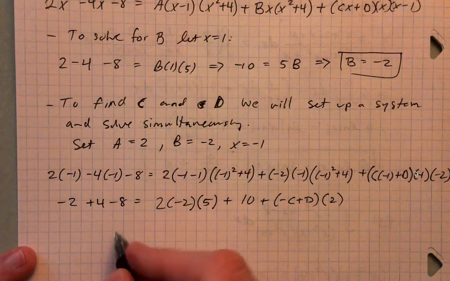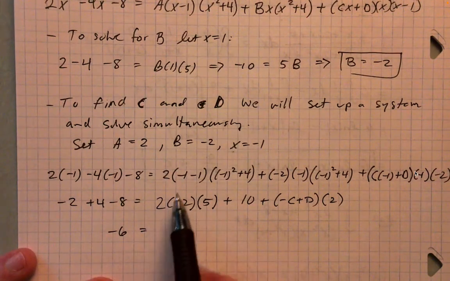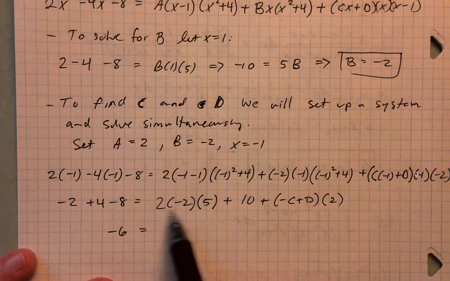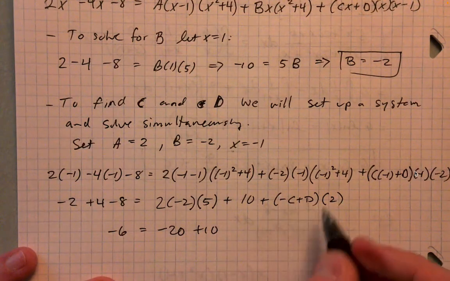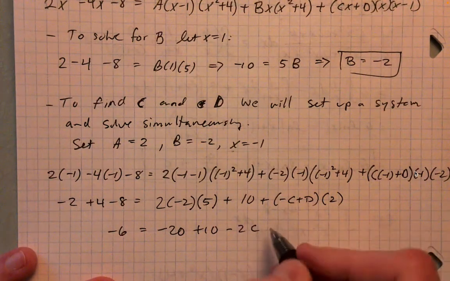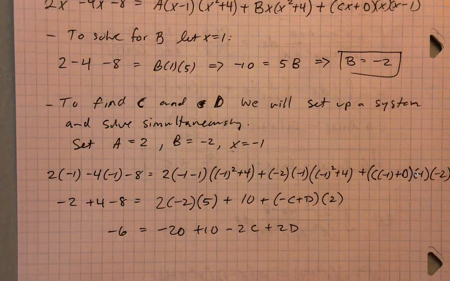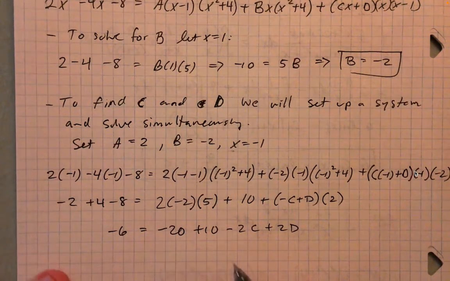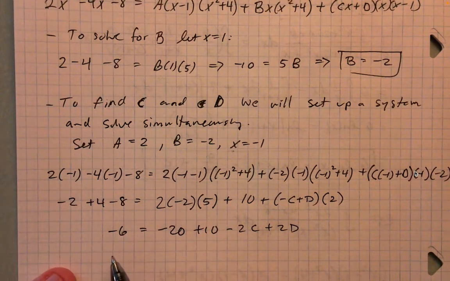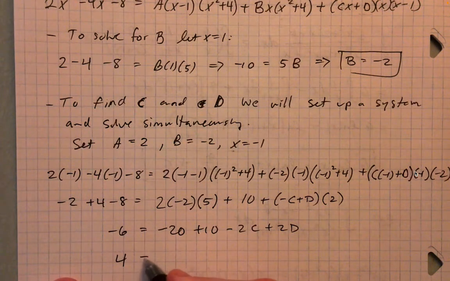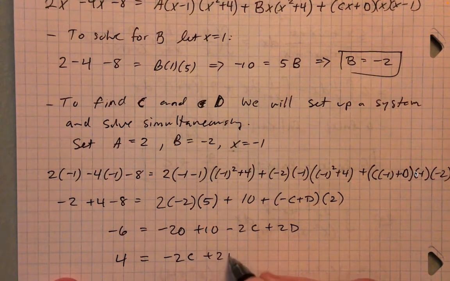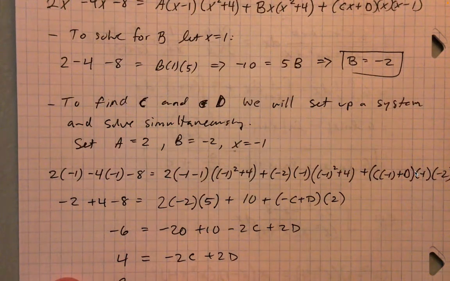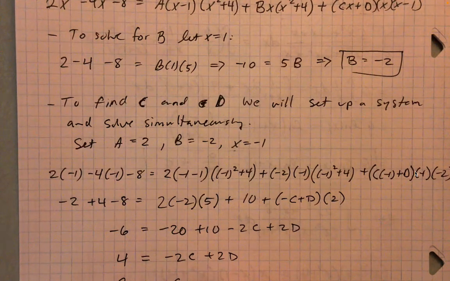And so all of this is negative 6. And then what do I have here? I've got 5 times 2 is 10, so this is negative 20. Plus 10, and then this is minus 2c plus 2d. All right, so kind of bringing these things all together, what do we get? We get 4 equals negative 2c plus 2d. And so that means 2 is equal to negative c plus d, right? So there's our first equation.